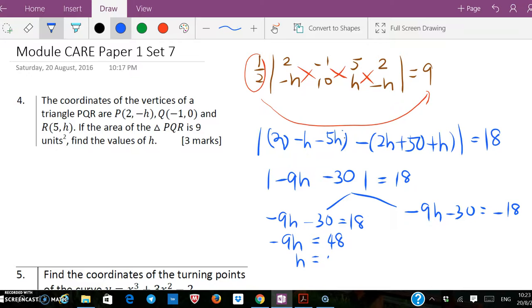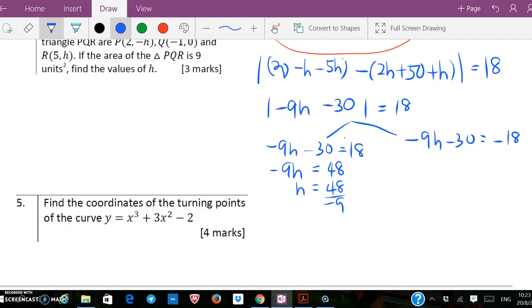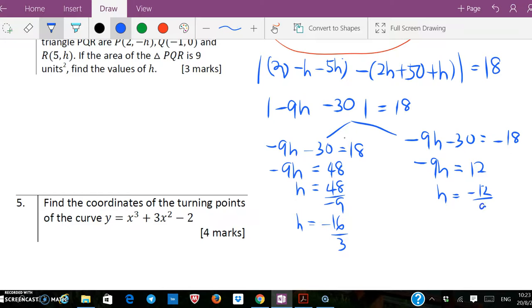h is 48 over negative 9. So we use our calculator here. 48 over 9 is 16 over 3, so negative 16 over 3. In this case, negative 9h is actually negative 18 plus 30, which is 12. h is negative 12 over 9.